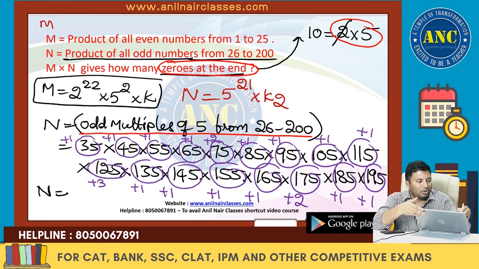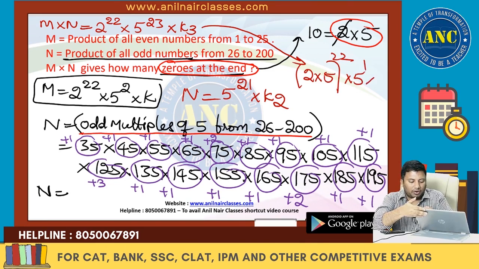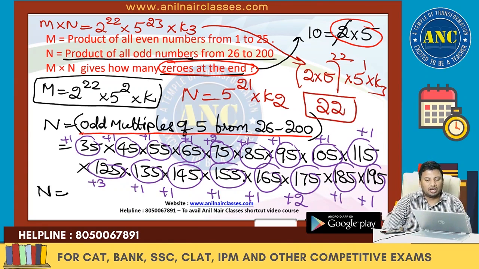So if I do M into N, which is nothing but 2 power 22 into 5 power 23 into K3. This is nothing but 2 into 5 power 22 into 5 power 1 into K3. Answer for this question is 22.